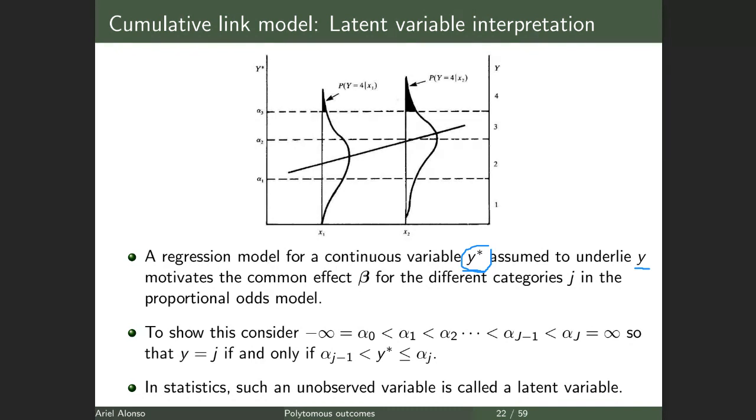And so here you have your model, you have your latent variable y asterisk. Here you have your covariate, let's call it x. And here you have a linear regression that links your latent response to the covariates.